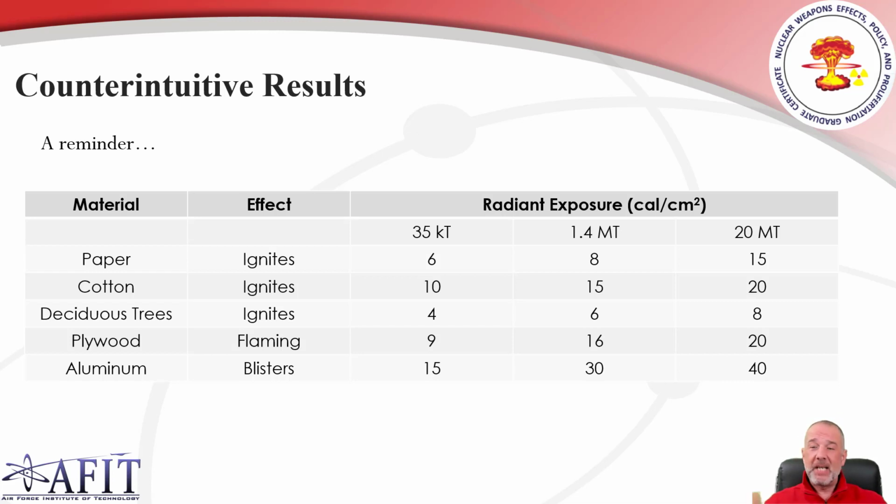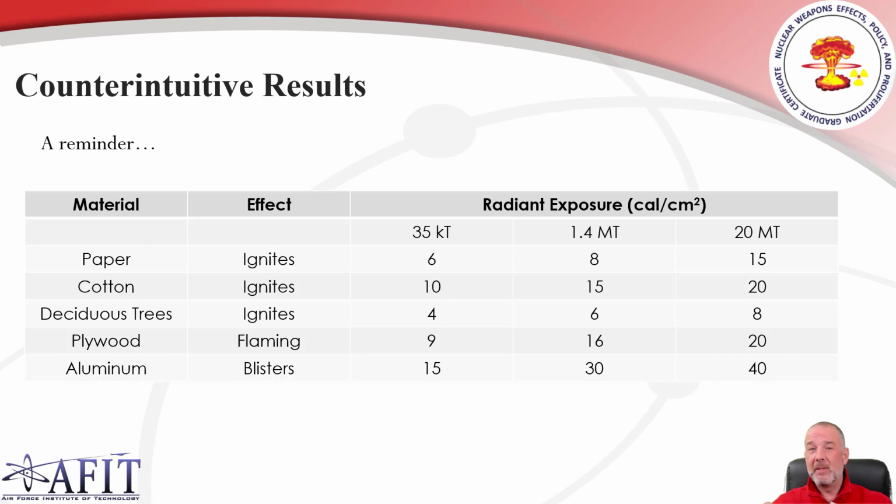Now, I've got this cool little table here, which shows some counterintuitive results. So we have different types of material. The effects are basically it catches fire, with the exception of aluminum, which can blister and bubble. And we're looking at how much radiant exposure, so how many photons carrying energy need to hit per centimeter squared.